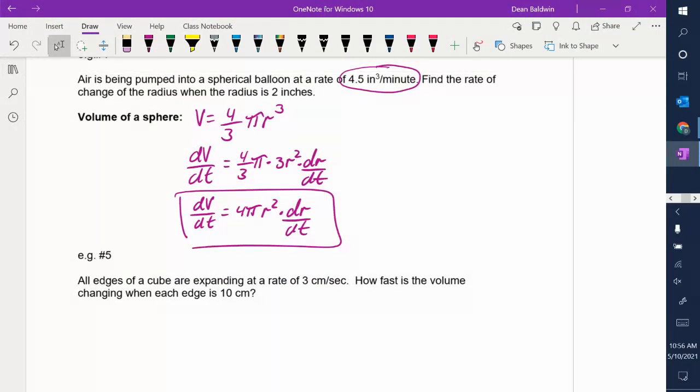Then you just plug in everything you know. So this here, 4.5, is my dV/dt. They've told us that the radius is 2. And that's it, because they want us to find how fast the radius is changing.